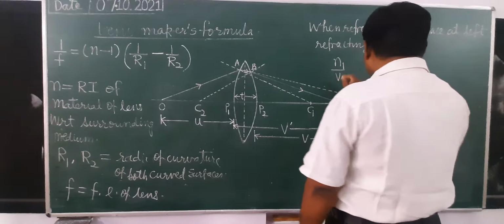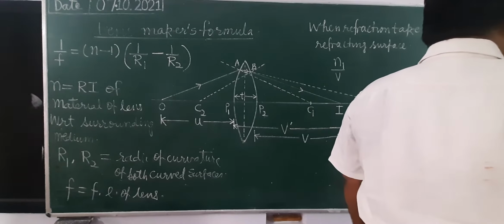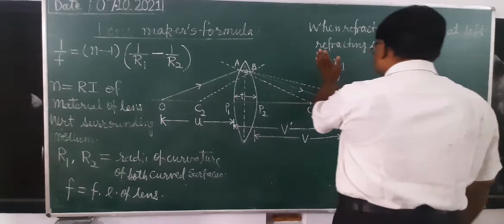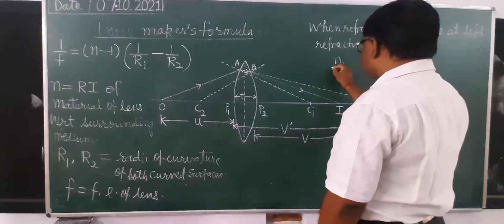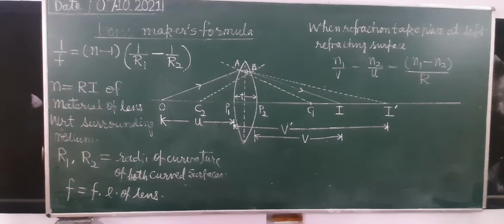n1 upon v minus n2 upon u equals n1 minus n2 upon R. So see here, we have assumed its refractive index is n, or we can write it in this way also, n upon v minus 1 upon u.